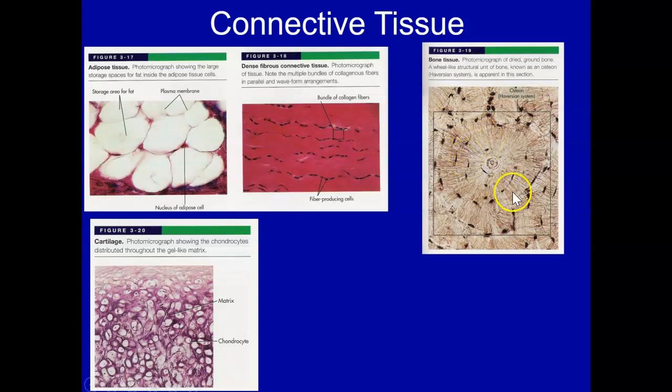Bone tissue looks actually like a piece of wood, right? Like tree rings. Bone tissue is amazing because each one of these little holes is called an osteon, or the hole itself is a Haversian canal. And inside of these little canals, you're going to find one of two things. In the central canal here, which connects up to some of these Haversian canals, you're going to find a vein, an artery, and a nerve.